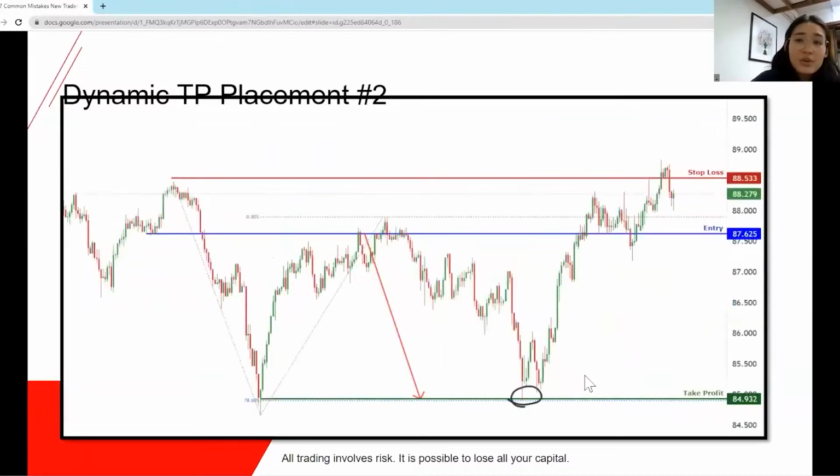So that's why we always say that the take profit should be placed before any major area of support and resistance or Fibonacci confluence, because it's likely to just touch it and reverse off. And you want to make sure that price really does touch your take profit before reversing off of it.